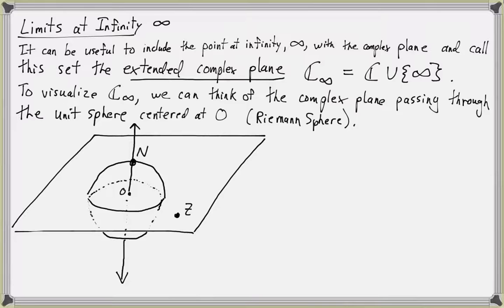The way we do that is by connecting the north pole to Z with a line that passes through the sphere. As the line joining N and Z passes through the sphere, it passes through at a point which we'll call P. And in this way we can correspond every single point in the complex plane with a point on the sphere.